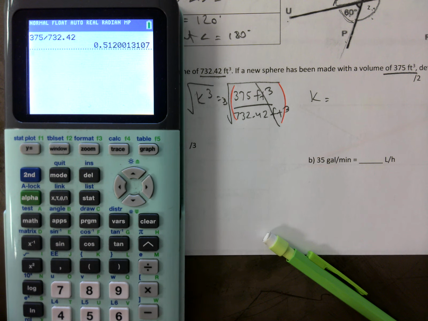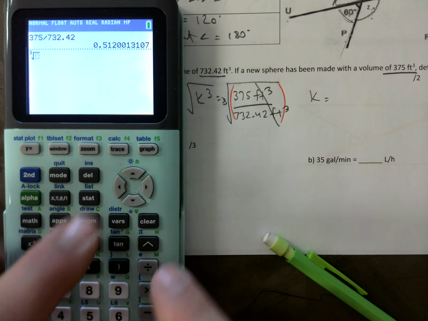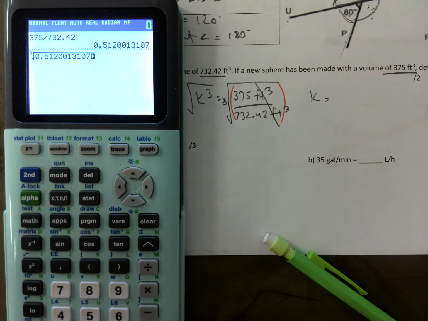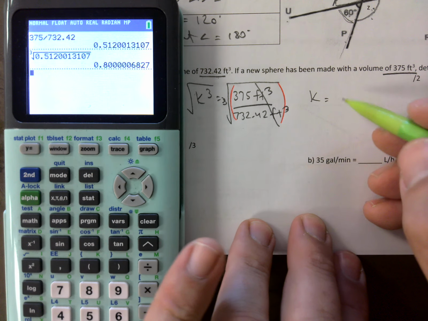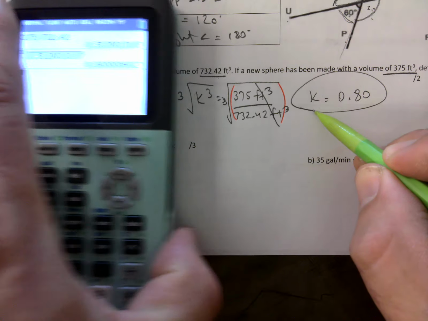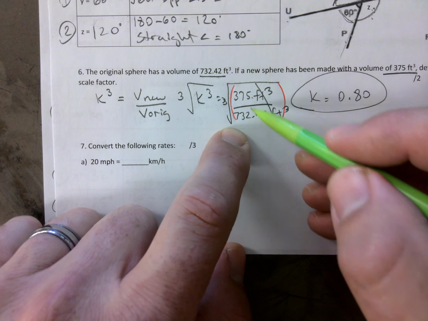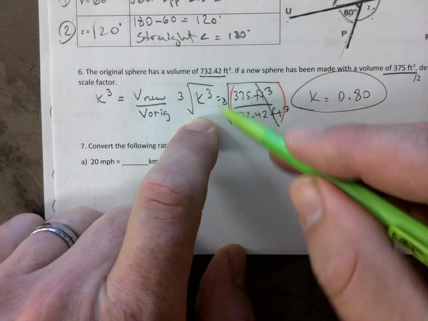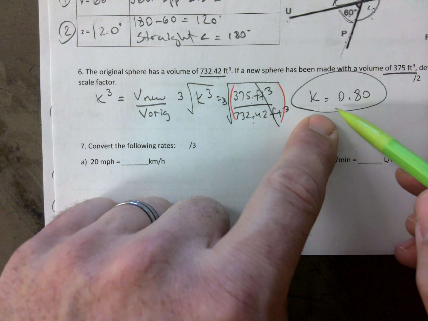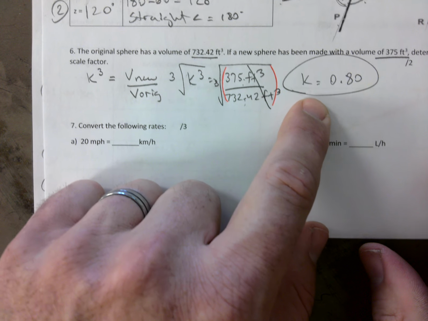Divide that, get a decimal, and then you go math, fourth option of your answer above. You paste that in, and you get 0.80. So if I see you setting it up like k cubed, 375 over 732 like this, you get 1 mark already, but you would have to get the correct final answer to get the second mark.